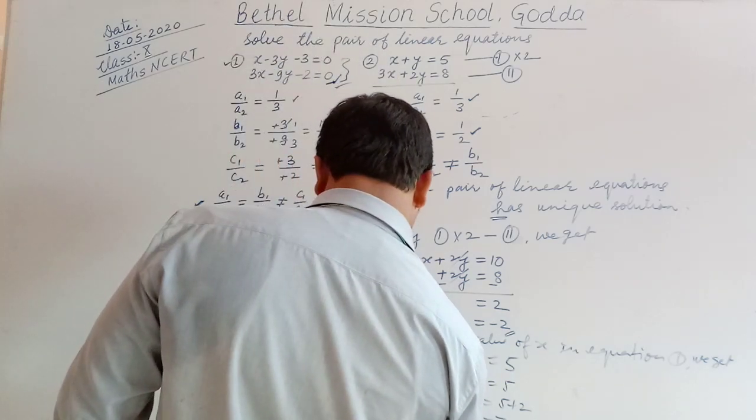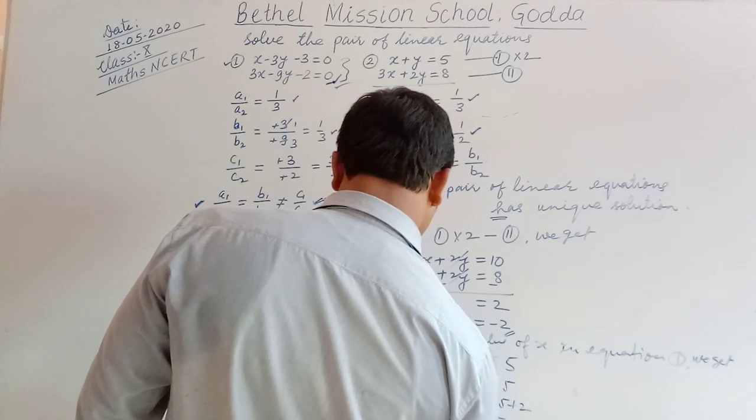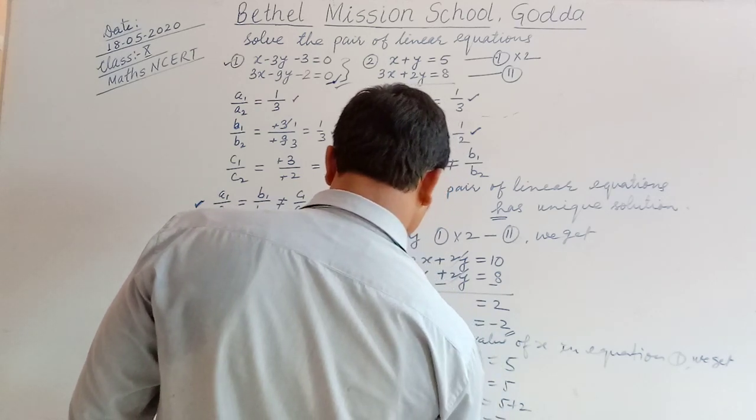Therefore x equal to minus 2, y equal to 7. So this is the solution.